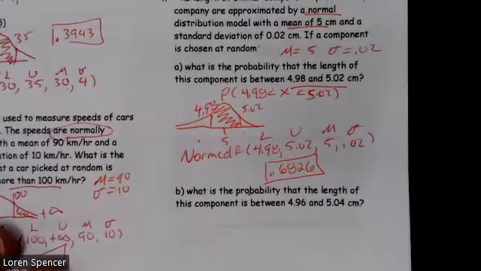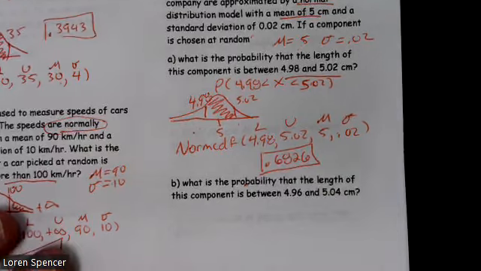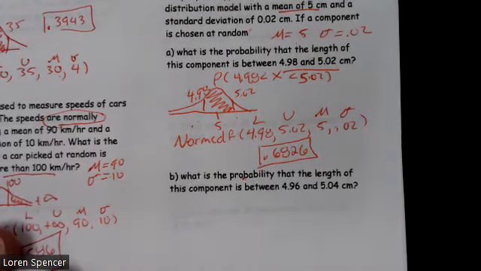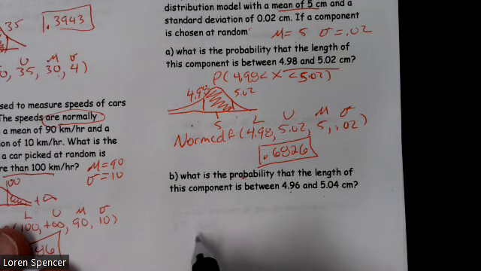Same problem. What's the probability the length is 4.96 to 5.04? Well, once again, by the empirical rule, this should be about 95%. It's going to be a little bit different. This is a little further off than the one before. The reason is that this is basically 2 standard deviations below and 2 standard deviations above.